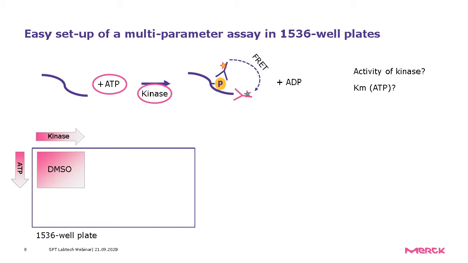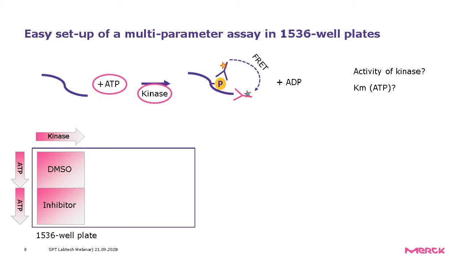On this 1536-well plate, we titrated the kinase from left to right, and from top to bottom we dispensed the ATP. We did this for our DMSO neutral control, and then we made a duplicate and did this with an inhibitor control, which shows us our lower assay window.